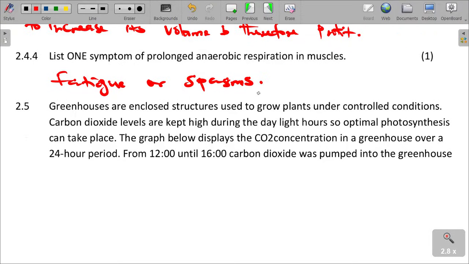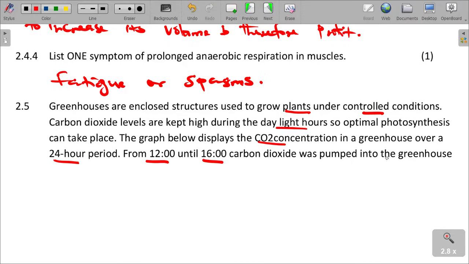Greenhouses are enclosed structures used to grow plants under controlled conditions. Carbon dioxide levels are kept high during the daylight hours, so optimal photosynthesis can take place. The graph below displays the carbon dioxide concentration over a 24 hour period.